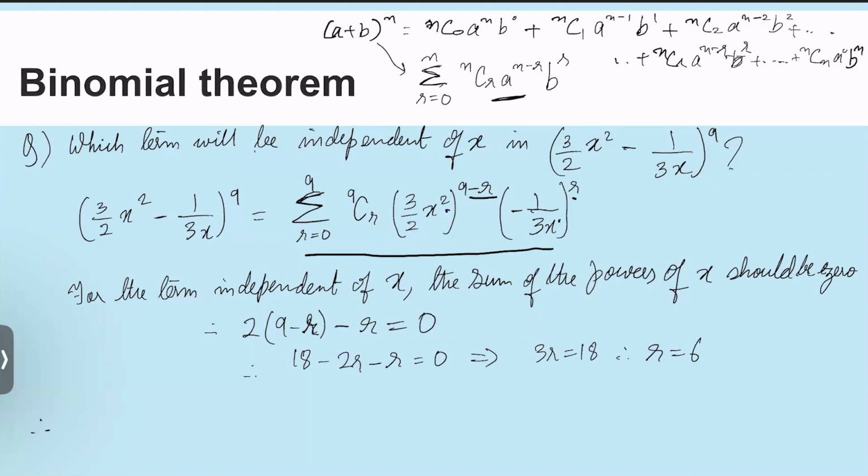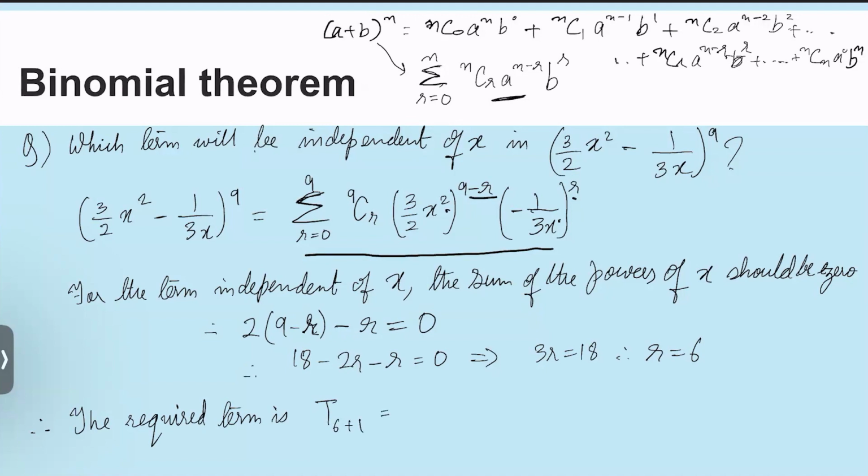So therefore the required term is, now over here, since your r is equal to 6, so this is actually the 6 plus 1, that is the seventh term. Okay.